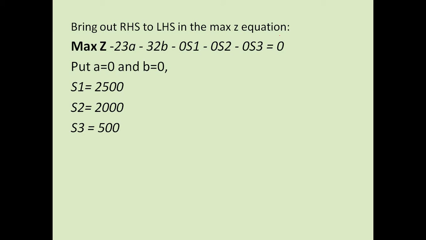Bring the RHS to LHS in the max Z equation. I just put it this way. Put A equals 0 and B equals 0 as well. I could put A equals 0 and B equals 0 because of my constraint. Okay, so I'm just going to deal with the non-negativity constraints, and when I put A equals 0, B equals 0, the first equation, the second equation, and the third equation become as such.